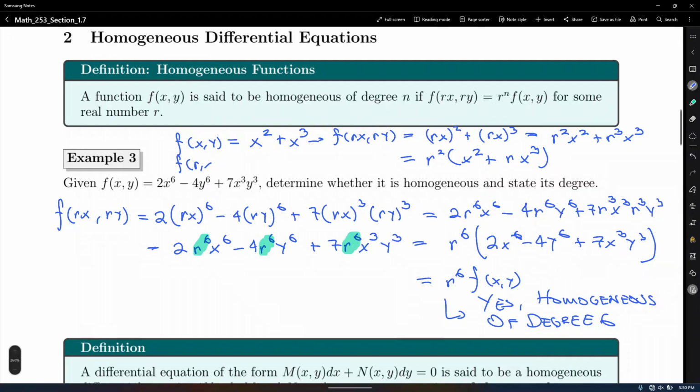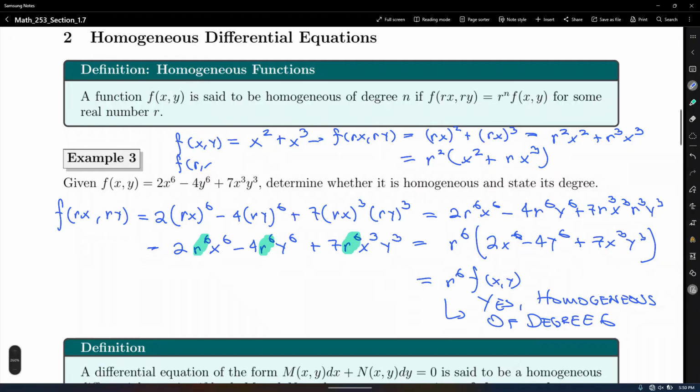Both add up to the same power 6, right? So, by just looking at the function, you can tell it is homogeneous of degree 6. The minute this is maybe a 2 right here and a 4 right there, for instance, it's no longer homogeneous. Some powers of r are going to be left when trying to factor it out. All right?